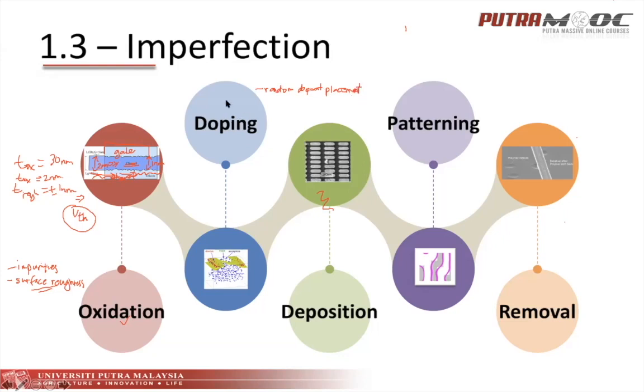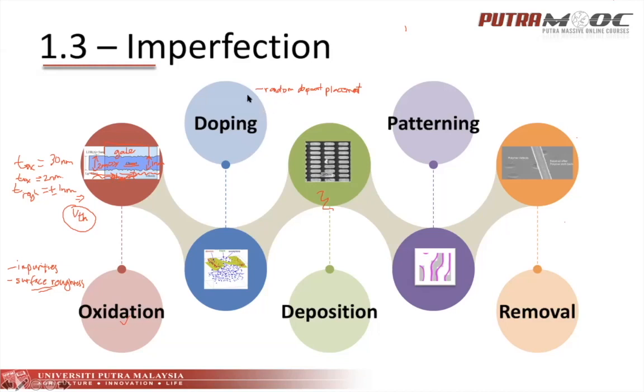Okay. So during the doping process, we have learned two techniques. One is diffusion and another one is ion implantation. And we know by using ion implanters, we can have a very accurate doping profile because we can control the location of the dopant that we want to place, either in X and Y axis as well as Z axis, how deep it can go in the substrate.